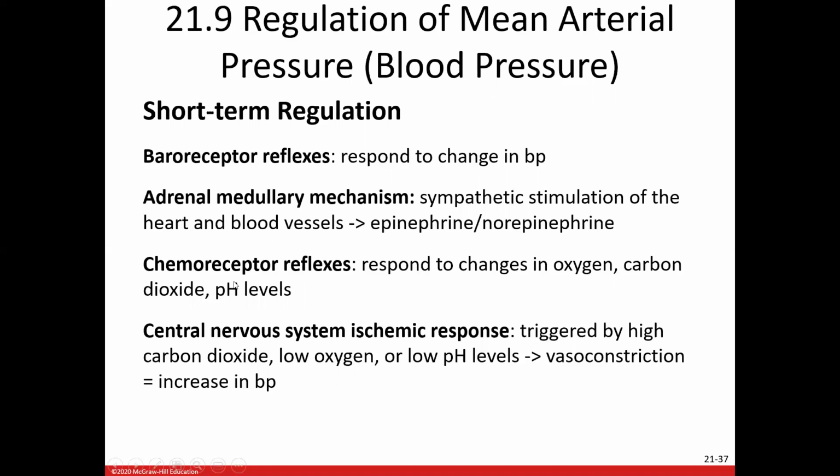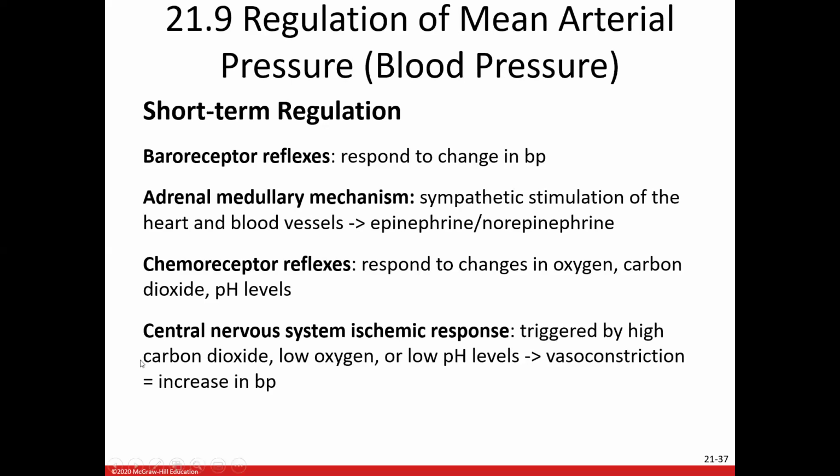Then we have chemoreceptor reflexes, which we also covered in the last chapter, but this is just the feedback loop mechanism for if there are changes in oxygen levels, carbon dioxide levels, or pH levels within the blood. This can be picked up on, and that information is then sent to the brain, which will then make the according changes to increase oxygen levels or decrease CO2 levels or change pH if it's getting too high or too low.